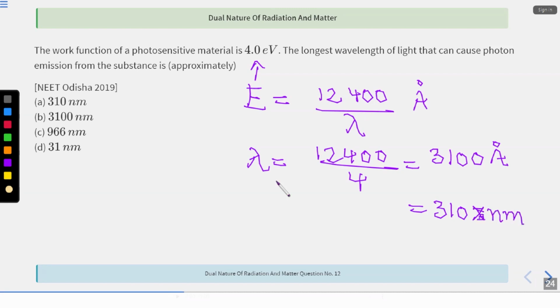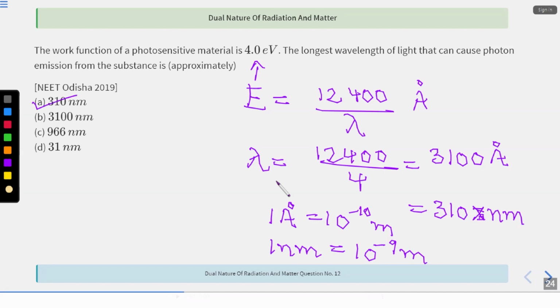Right? We know that 1 angstrom is equal to 10 to the power minus 10 meter, and 1 nanometer is equal to 10 to the power minus 9 meter. So with that relation, you'll get 310, and that is our option A.